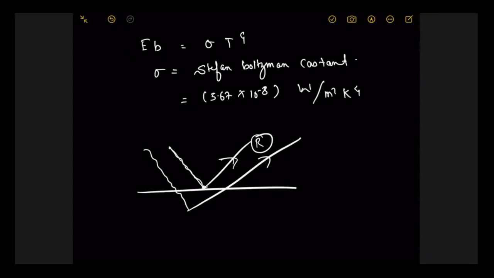Okay, we will see this in detail also. We will do one derivation and all that. So next is Wien's displacement law. What is happening in Wien's displacement law?